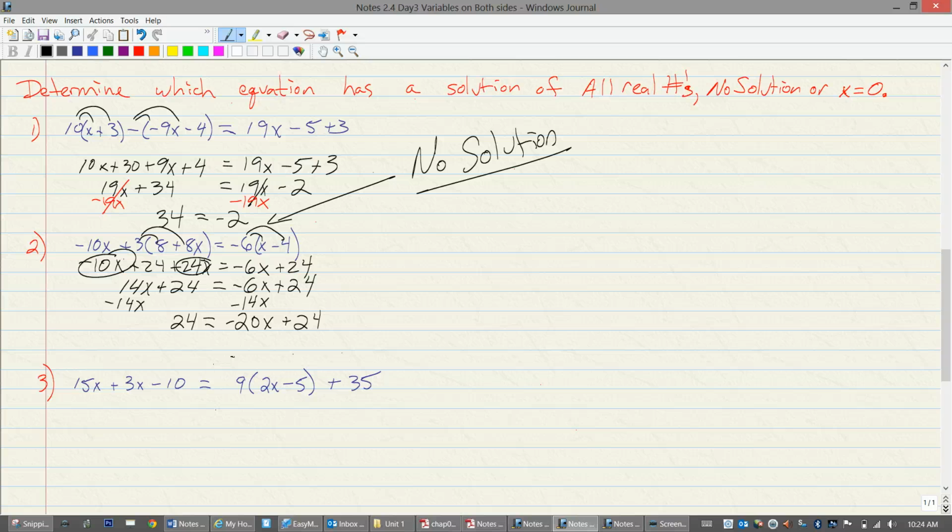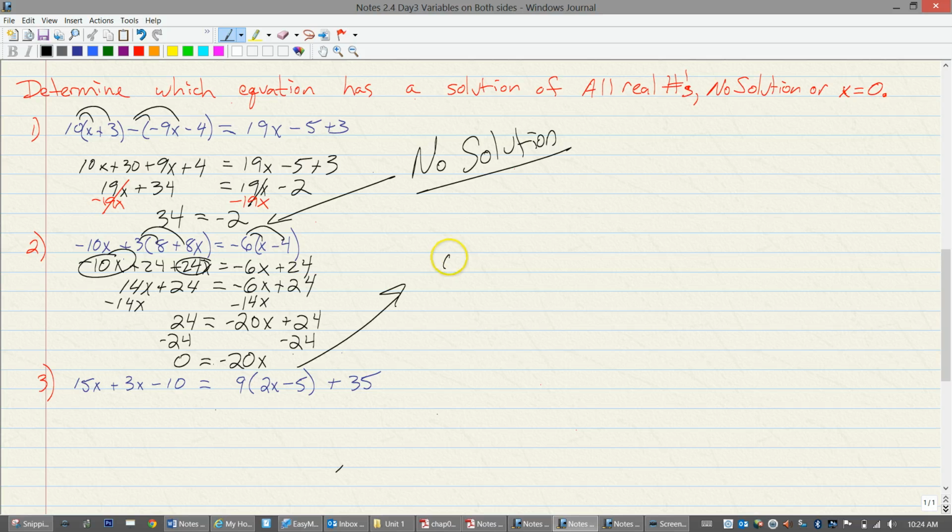We're not at 0x, so there's no variables anymore. Okay, so this one is automatically going to be x equals 0. I'll show you why. At this point, we subtract 24. 24 minus 24 is actually a number. Okay, it's not nothing, it's not 1. It's actually 0. Okay, so 0 equals negative 20x.